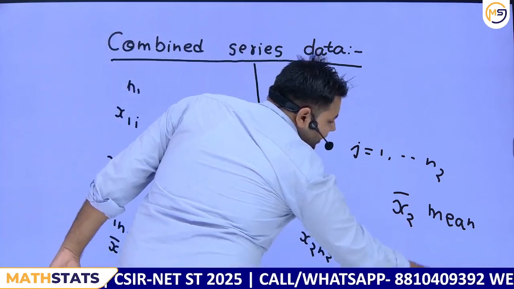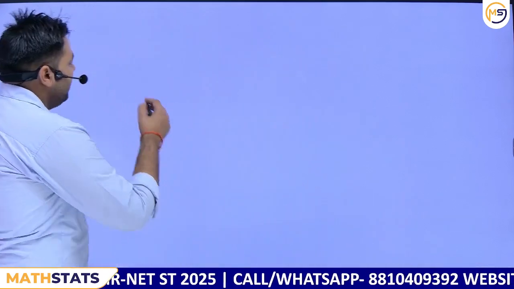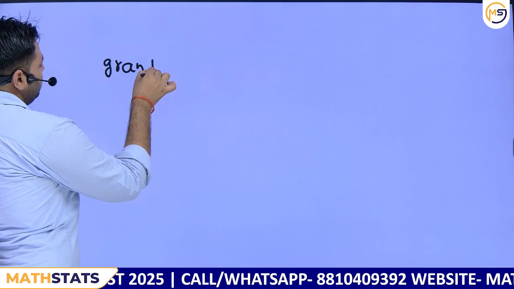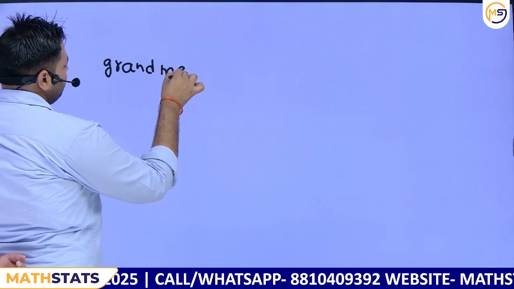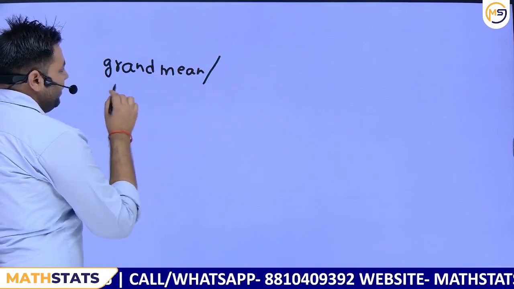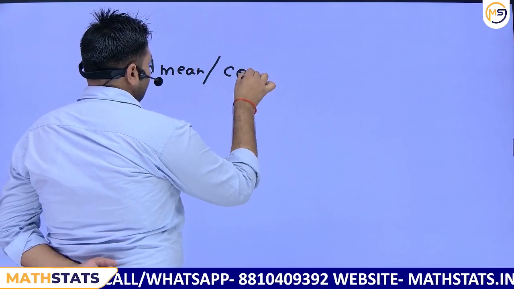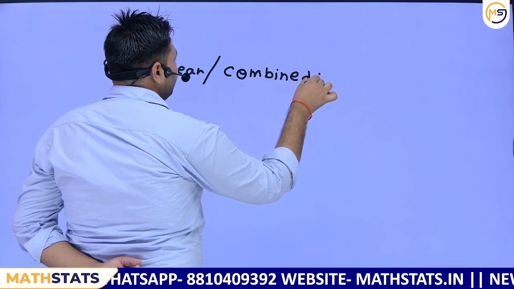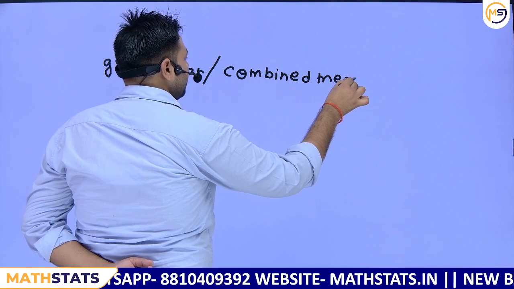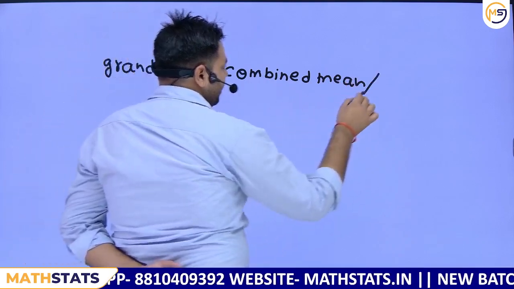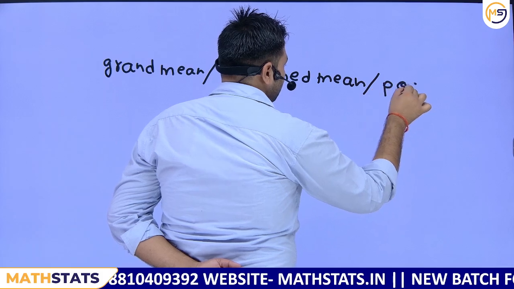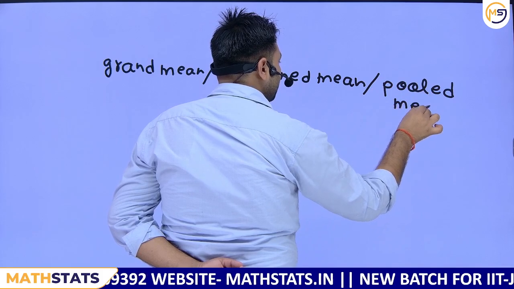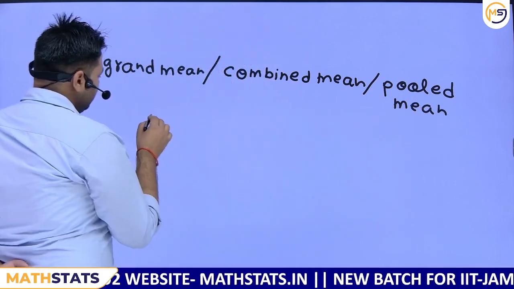So combined mean or pooled mean or grand mean, so grand mean or combined mean or pooled mean is equal to, say, x bar.